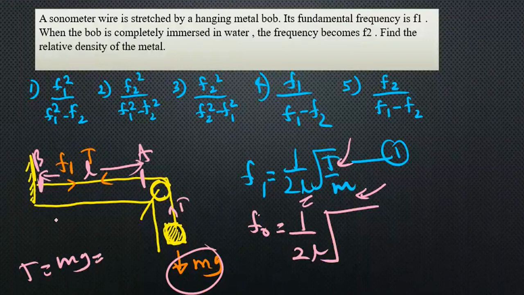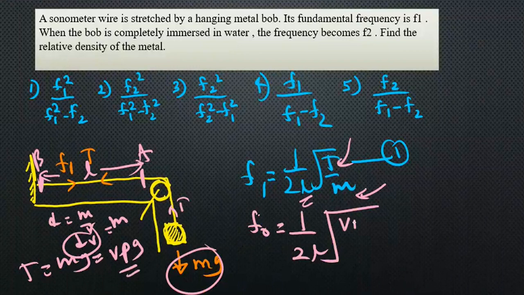Another equation we need is density equals mass divided by volume, so mass equals density into volume. I can write the volume is V and the density of the metal bob, let's take it as rho. So V rho g divided by M, mass per unit length. So we have our first equation.